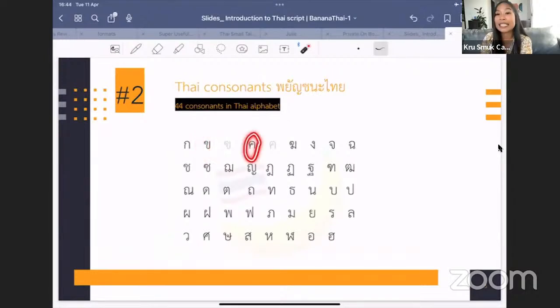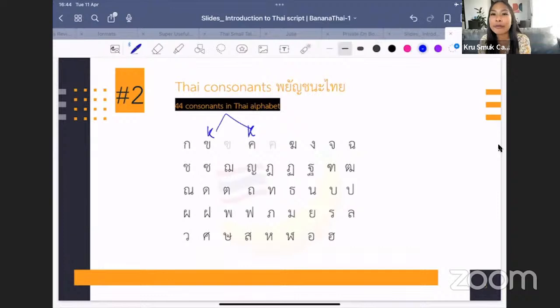And this one is คอควาย, which has the sound k as well. Okay, same sound. So as you can see, we don't really have 44 consonant sounds. We only have the form, or the letter, of it. Out of 44, there are two that are already obsolete, meaning that we don't use them anymore. Okay? And I don't want to scare you here that there are so many things to remember.